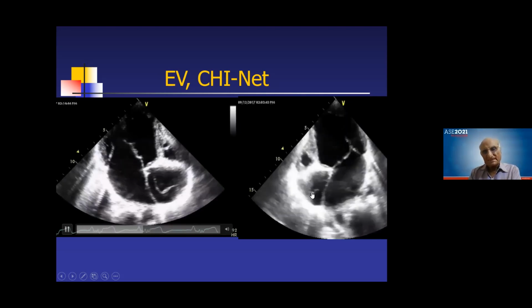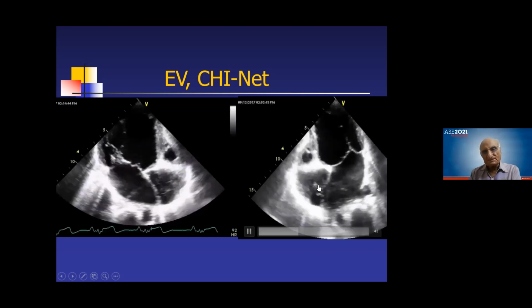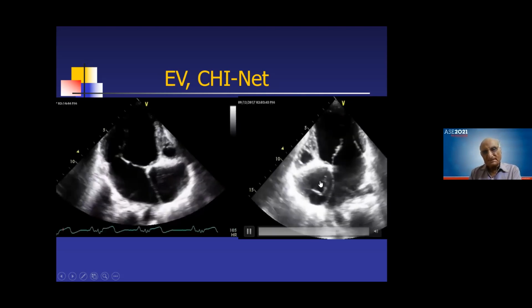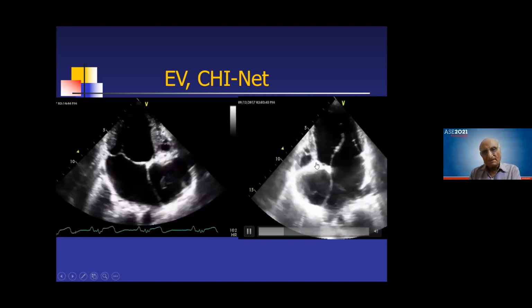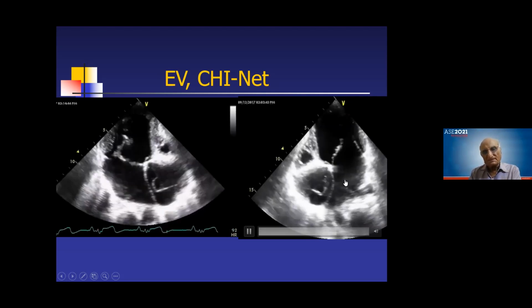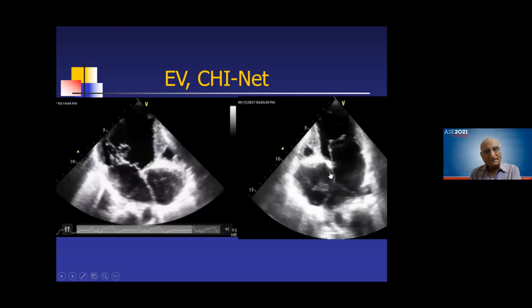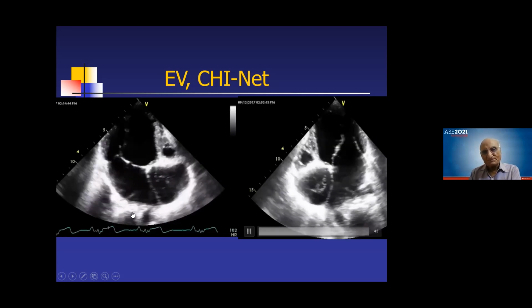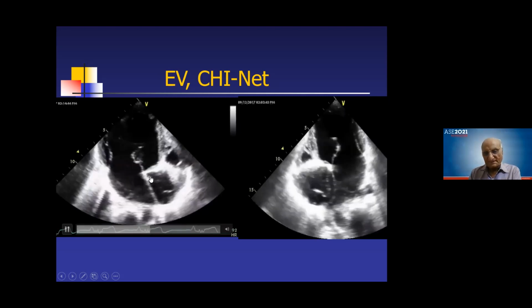This is your audience scan plane. You can see the absence of a tricuspid valve, hypoplastic right ventricle, and main chamber. And here you see as if there is no septal defect. It looks completely intact.